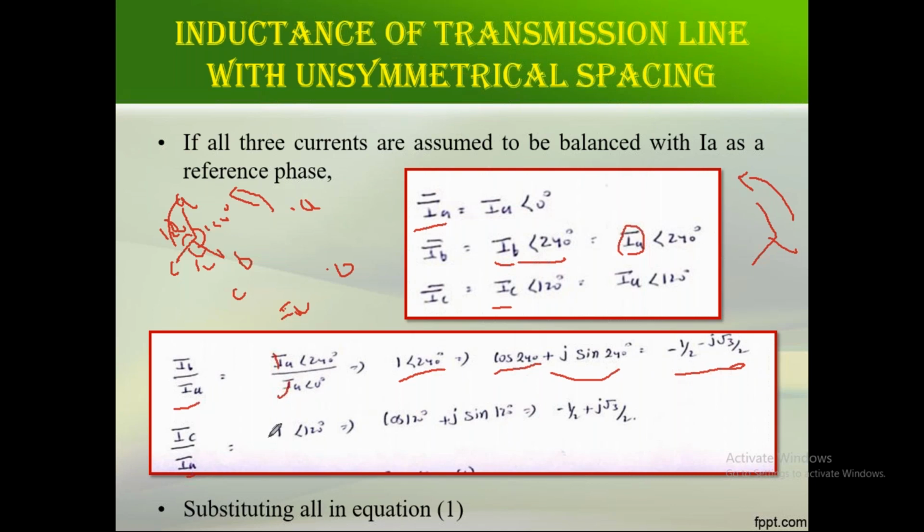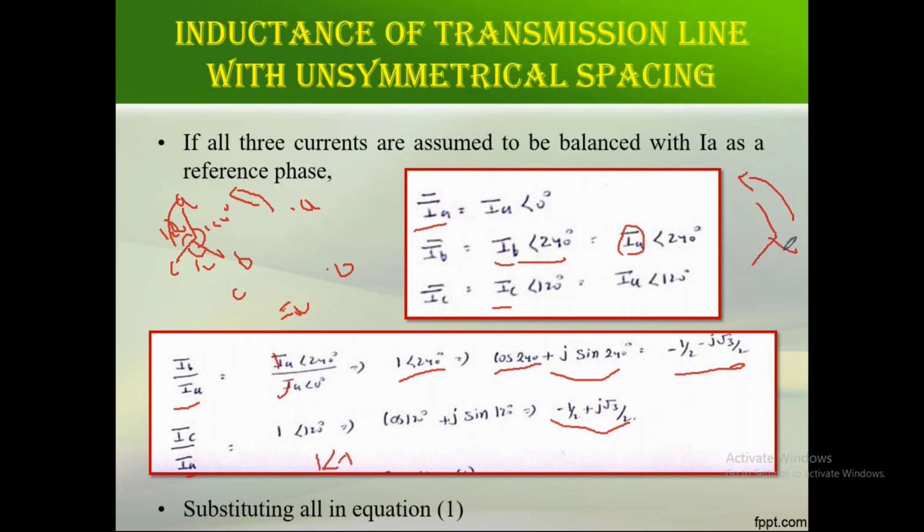Similarly, what is the value of IC by IA? IA at an angle of 120 degrees divided by IA. IA gets cancelled, then you get 1 at an angle of 120 degrees, that is cos 120 degrees plus j sin 120 degrees. If you take that in the clockwise direction, you will get a minus.